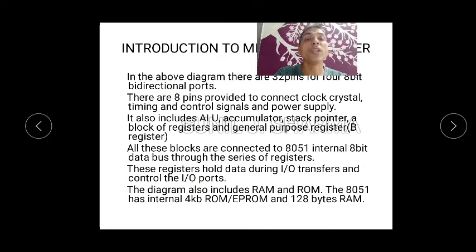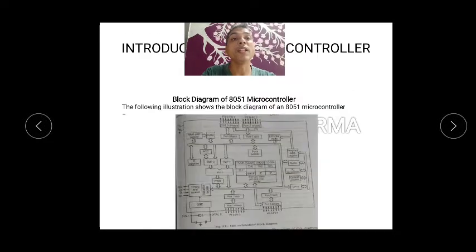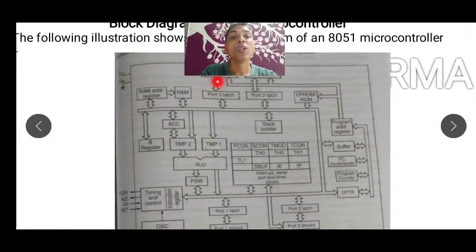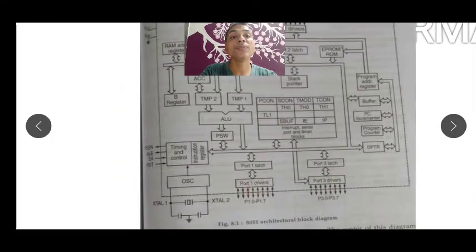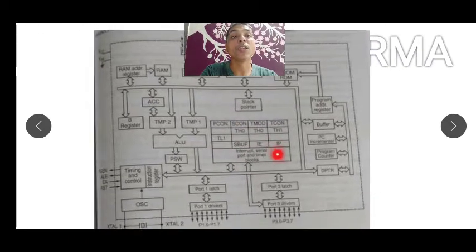Now there is a small explanation about this. In the above diagram there are 32 pins for 4 8-bit bidirectional ports. You can see that there are 4 ports: this is port 0, then port 1, port 2 and port 3, all 8 bits.